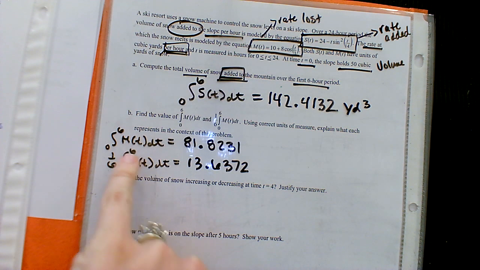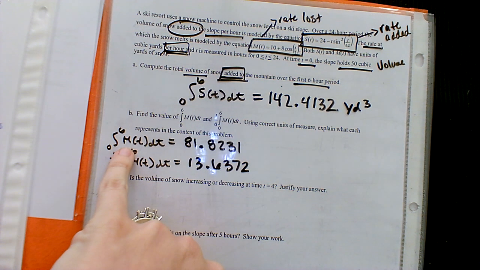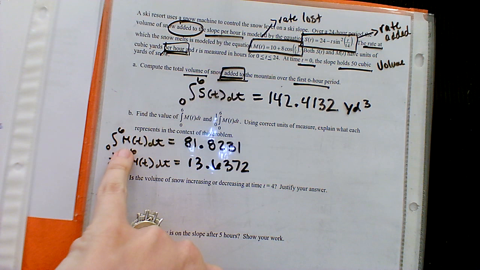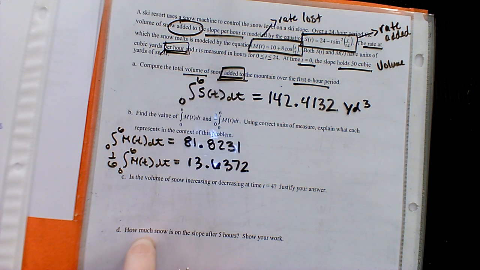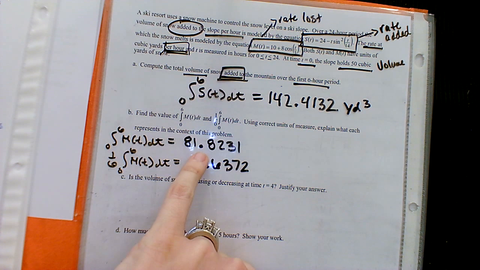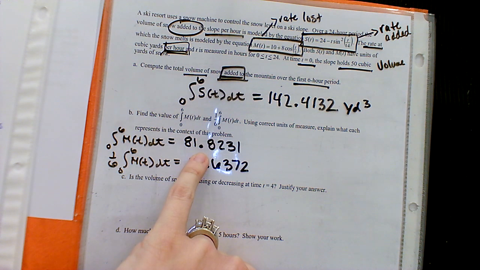So, let's see, we worked backwards from the M function, which represented the rate at which we were losing snow, or it was melting. So what do you think this 81 number represents?